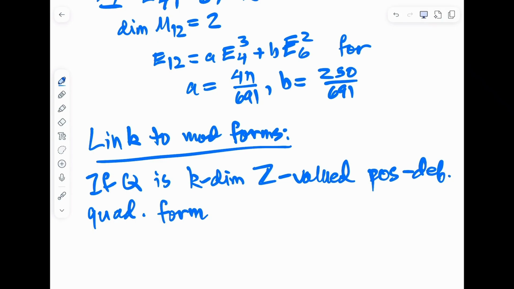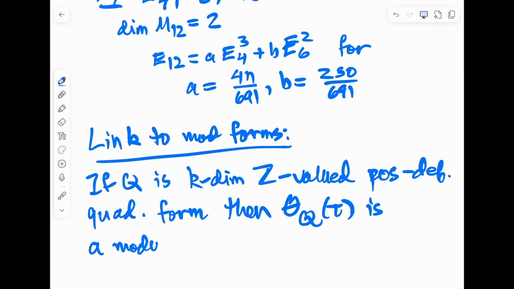Anyway, then the theta function for the quadratic form is a modular form of weight k over 2. So I should have said let k be even.